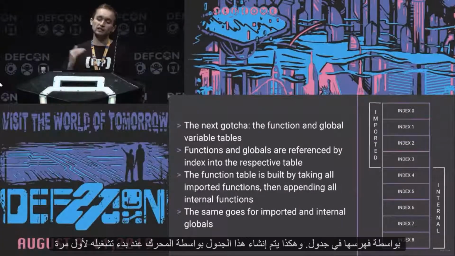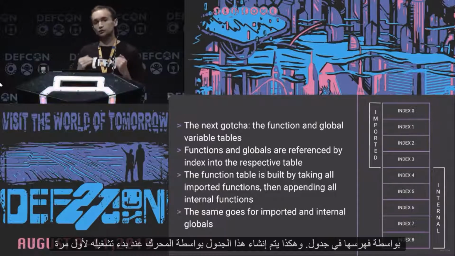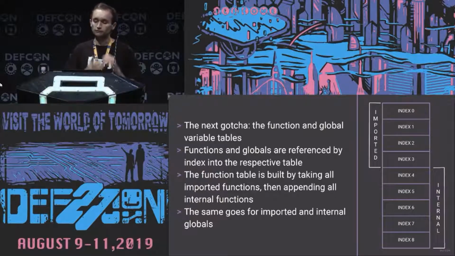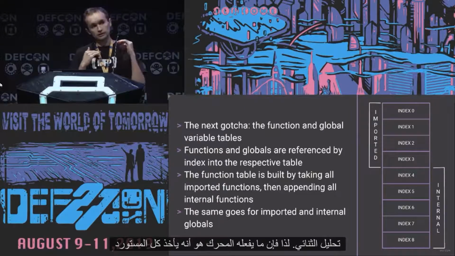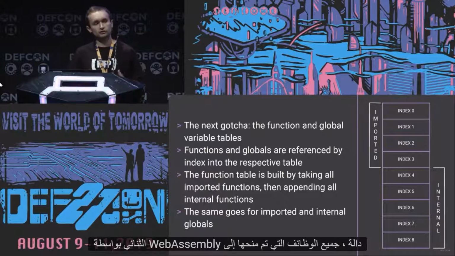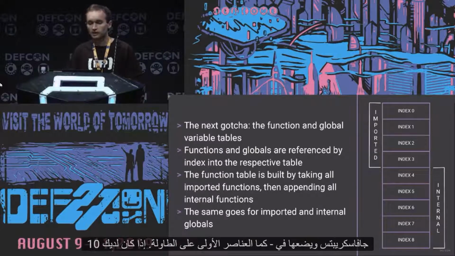You're calling it by its index into a table. And that table is created by the engine when it first starts parsing the binary. So basically what the engine does is it takes all the imported functions, all the functions that have been given to the WebAssembly binary by JavaScript, and it puts them as the first elements in the table.